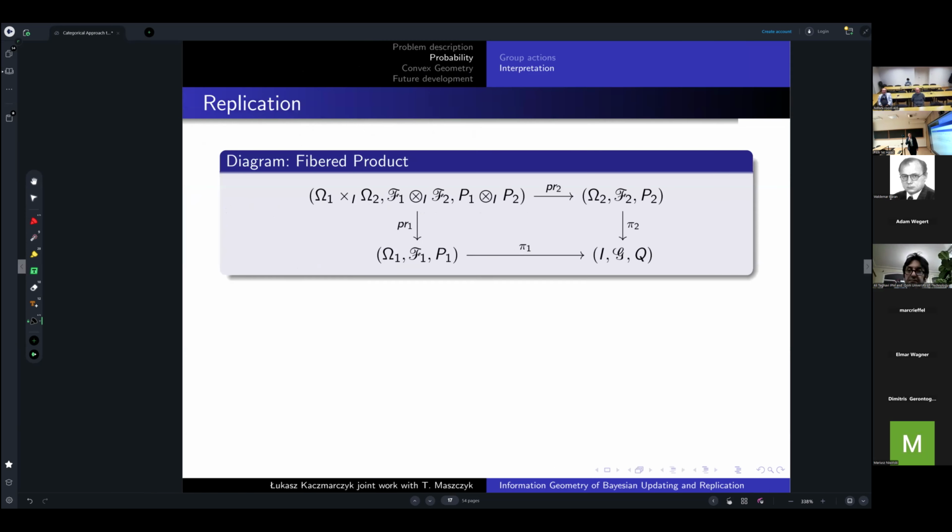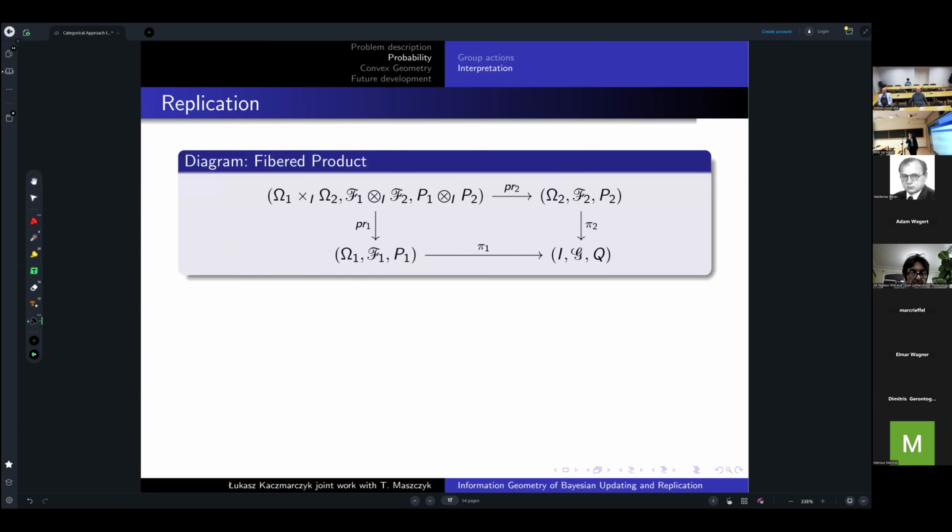Okay, so now we take a jump into a bit of a dangerous territory, because we will construct a fiber product of probability measures.